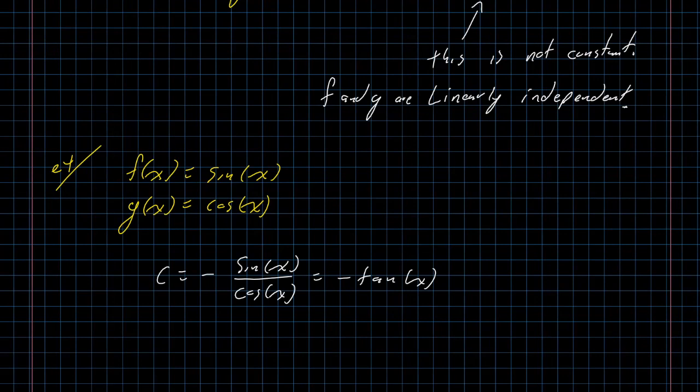Tangent is not constant. That's something that we are going to take extensive advantage of in this course. Very specifically, sine and cosine being linearly independent is going to be something that is used in about a third of the differential equations that we study for the rest of the course.